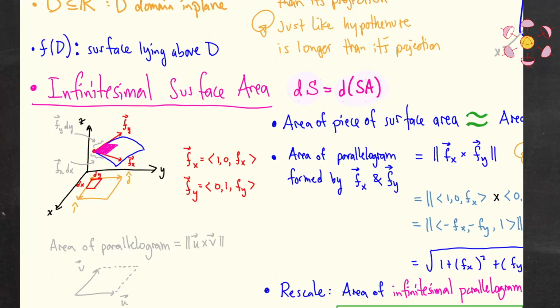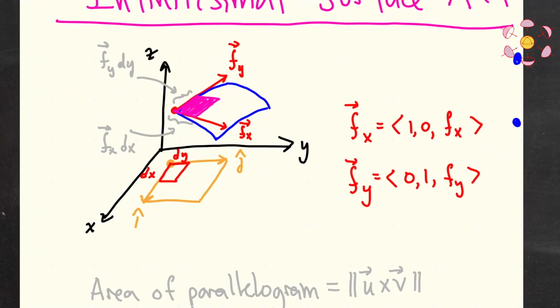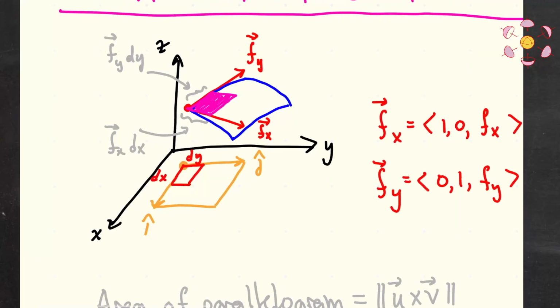Let's go through the derivation in a little bit more detail. As we were mentioning, we've got these two vectors, fx arrow and fy arrow. If I zoom in and focus on a little chunk of our surface, the blue part is our surface, a little tiny chunk of surface area.